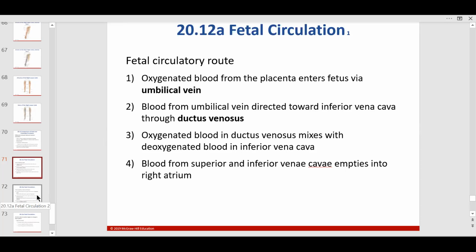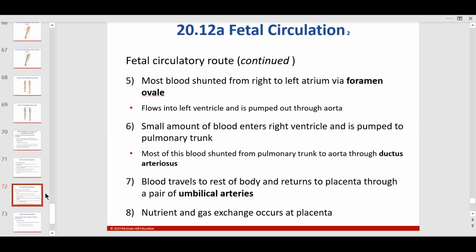And also there's blood mixing between the pulmonary trunk and the aorta. So the foramen ovale is a hole that, of course, is not there in an adult. In a fetus, it is a hole between the right atrium and the left atrium. Of course, that becomes a fossa after birth. So you should know that.